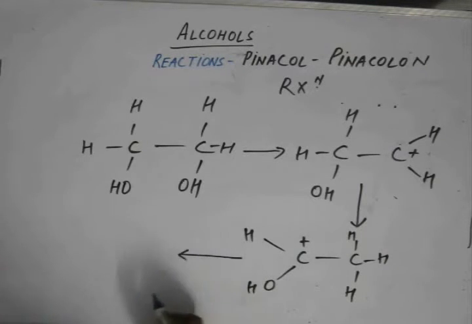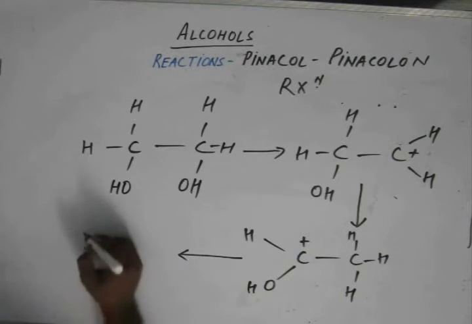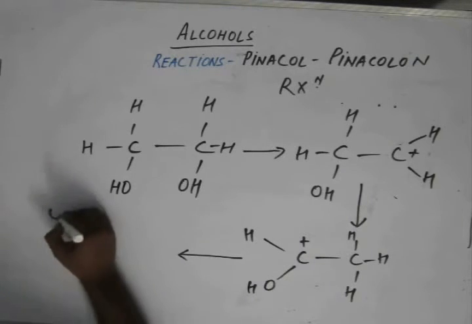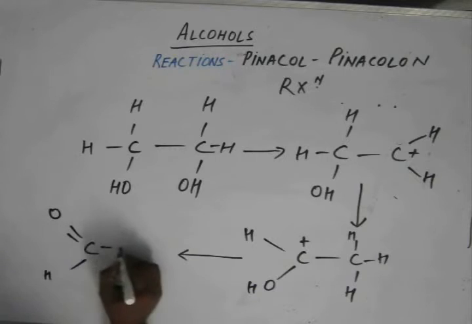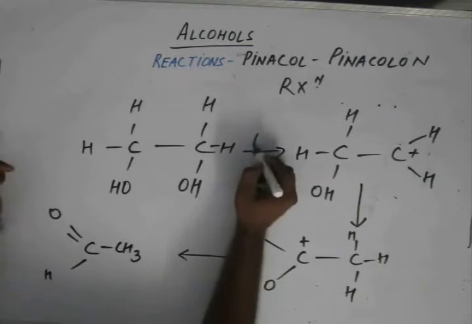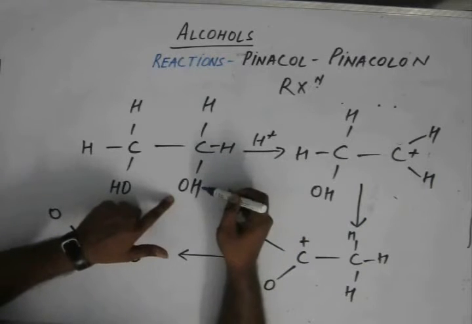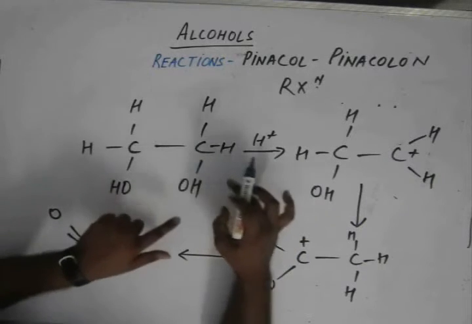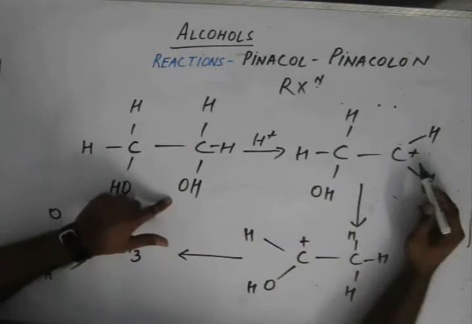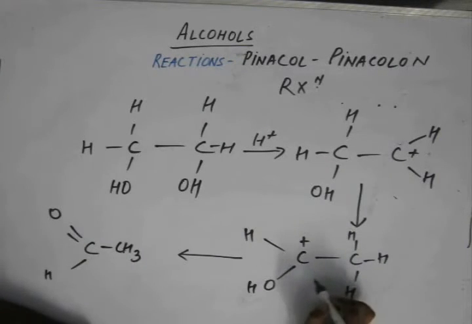There will be subsequent deprotonation and we are left with this. Alright, so in the very first step, the H+ is added onto this OH, a water molecule is released, we are left with a carbocation. Now this carbocation rearranges to a more stable carbocation.